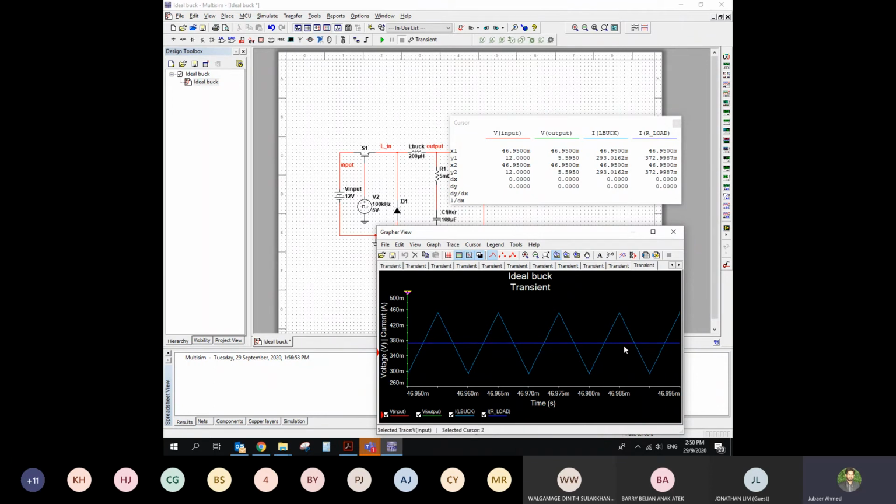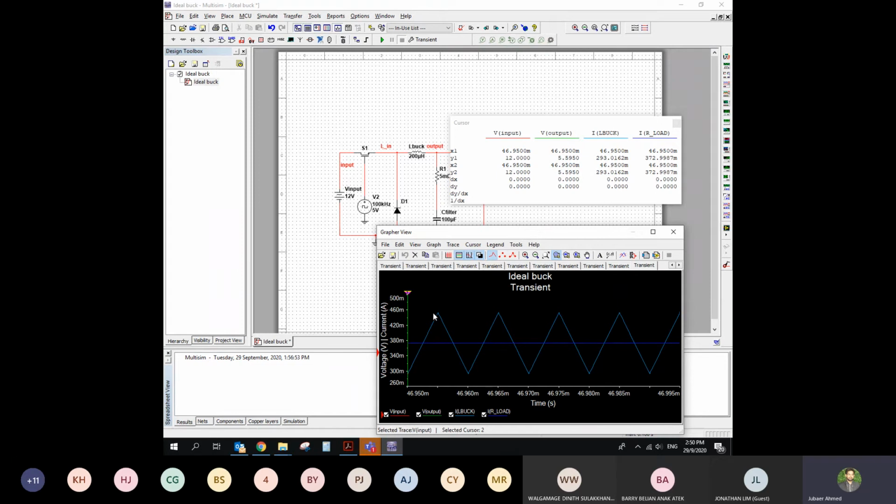If you call top to bottom del IL, then half of it is del IL by 2. So the inductor current top value is the output current plus del IL by 2, and the bottom part is the output current minus del IL by 2.